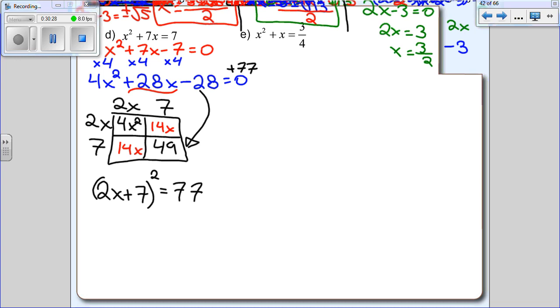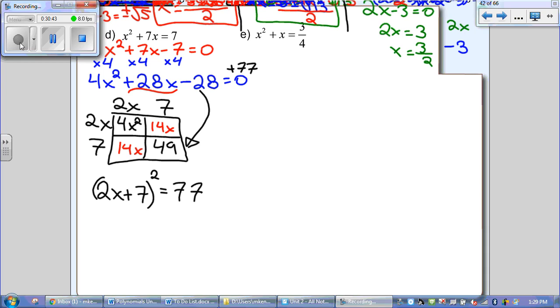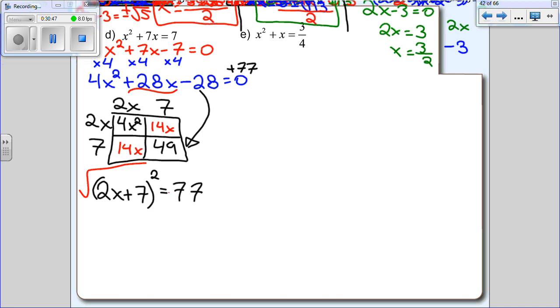So go ahead, try to write the answer to that thing. Solve this thing. I'm going to square root both sides. That should be 2x plus 7 equals positive or negative root 77. Check to see if you put positive or negative root 77. It's got to be both. Okay? You have two answers to this question, not one. I'm then going to subtract 7 and then divide by 2. So my answer would look like this.